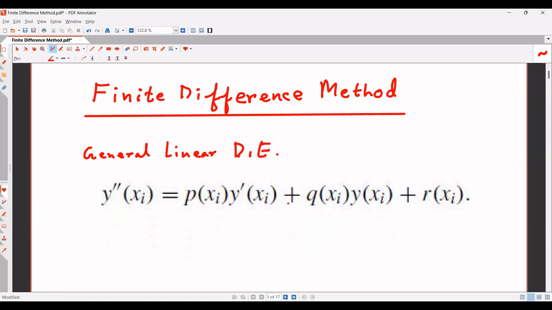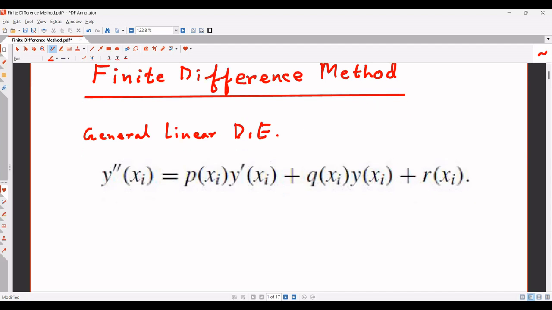The finite difference method acts a little differently for linear and nonlinear equations. First, we are going to learn how linear equations are solved using the finite difference method. Later in today's lecture, we will see how we use the finite difference method for nonlinear differential equations.